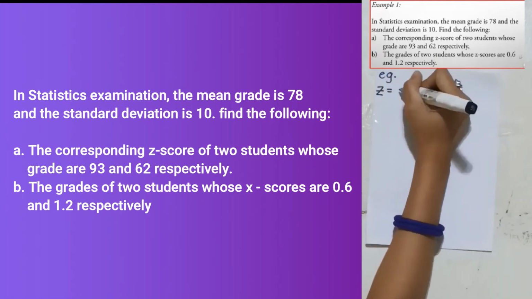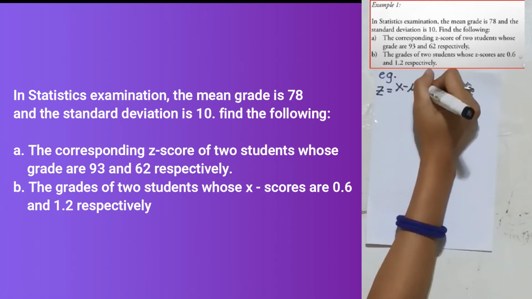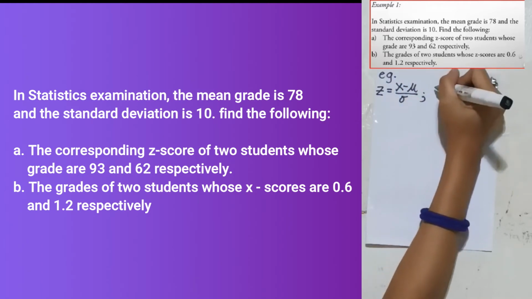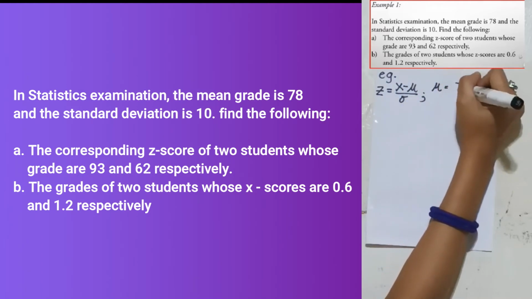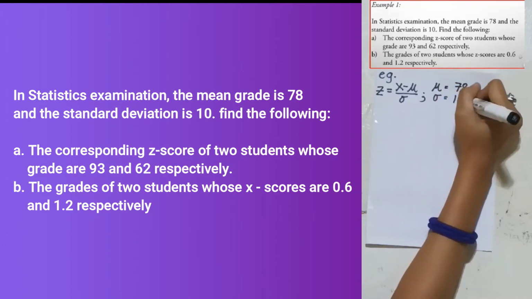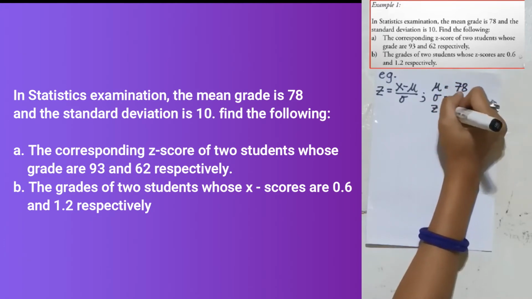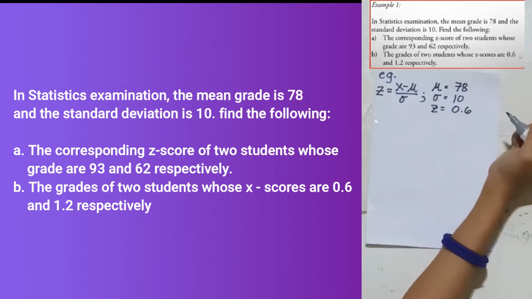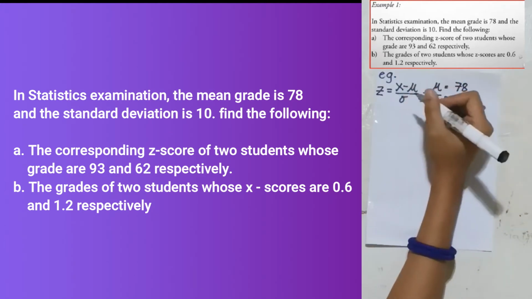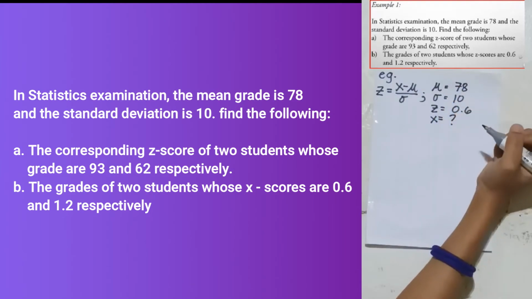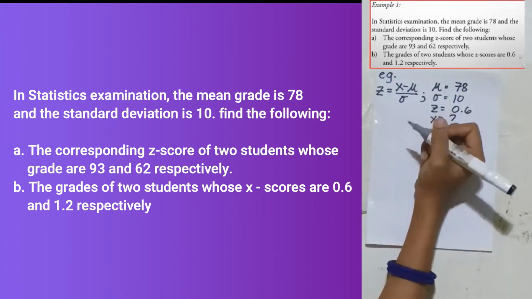Z is equal to x minus mu divided by sigma, where mu is equivalent to 78 and sigma is equal to 10. Since the z-score is already given, which is 0.6 and 1.2, but we will only use the 0.6, and our x or raw score is missing.